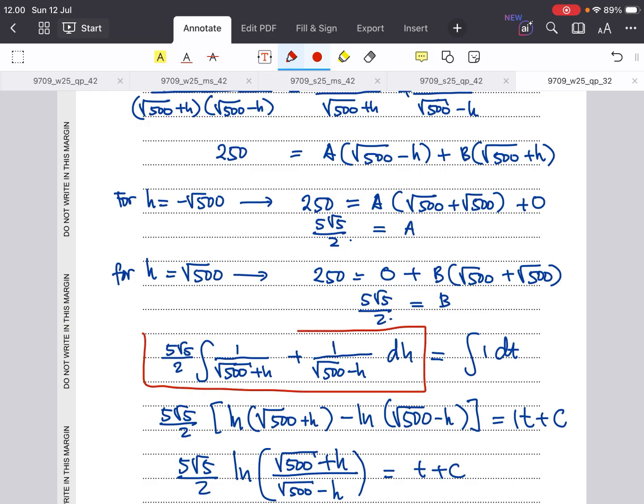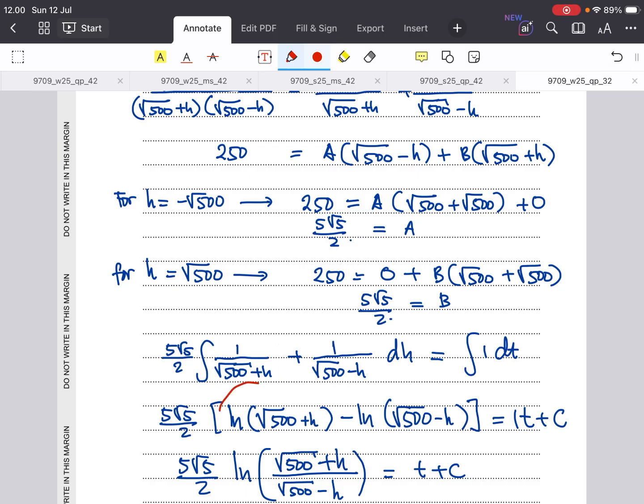But since a and b, the values are the same, so we can pull it out from the integration like this. So integral of this one and this one equals integral 1 dt. So this integration, the formula you can find in the list of formula given to you.